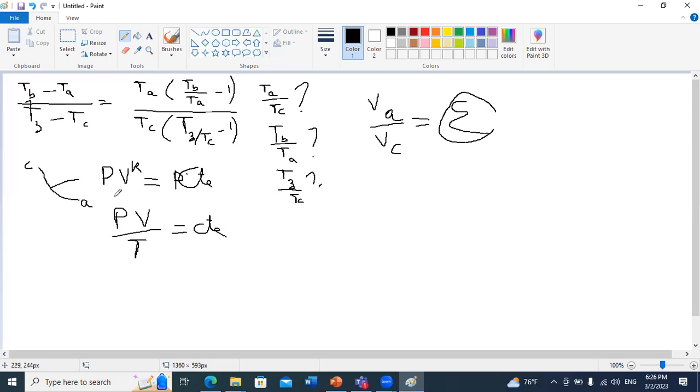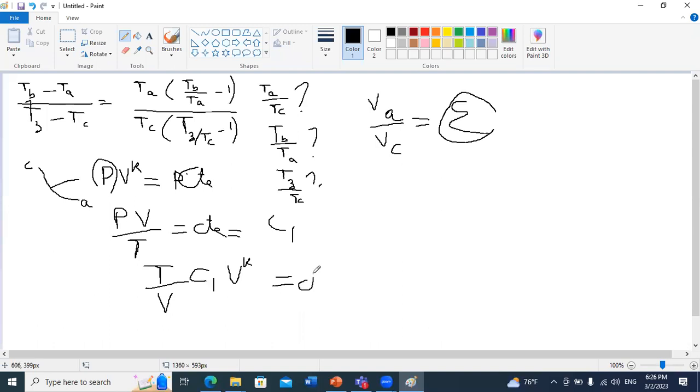If I call this constant C1, for example, I can replace the pressure by C1 times T over V, so C1 times T over V times V to the power K is equal to a constant.